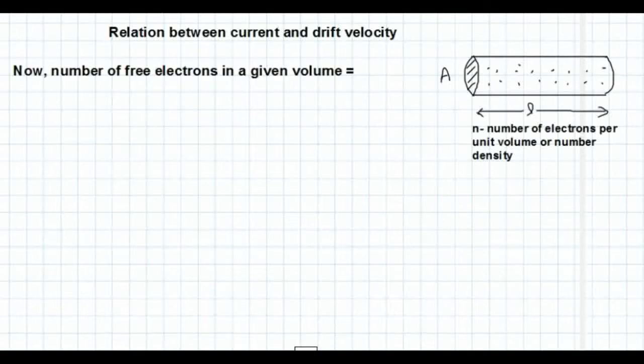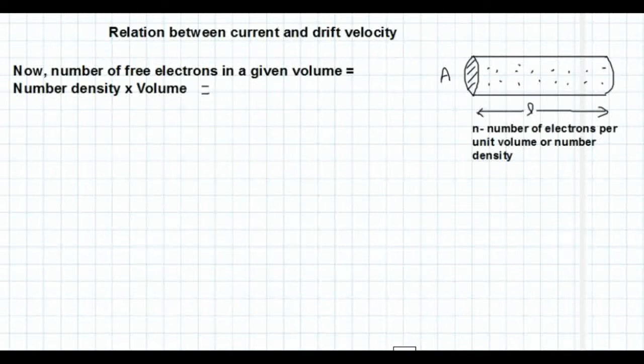Now, the total number of free electrons in a given volume will be the number density into volume. And what is number density? n. And what is volume? Volume is equal to area into length.